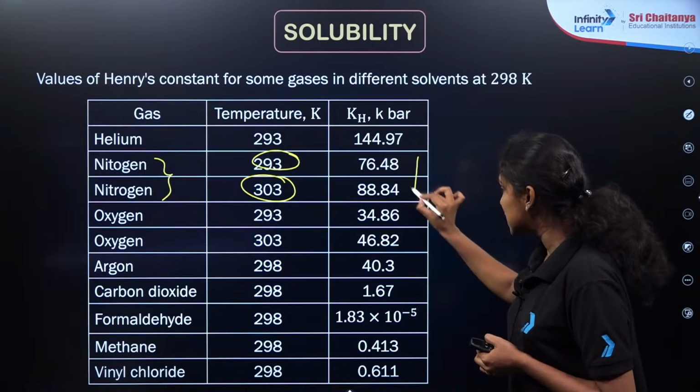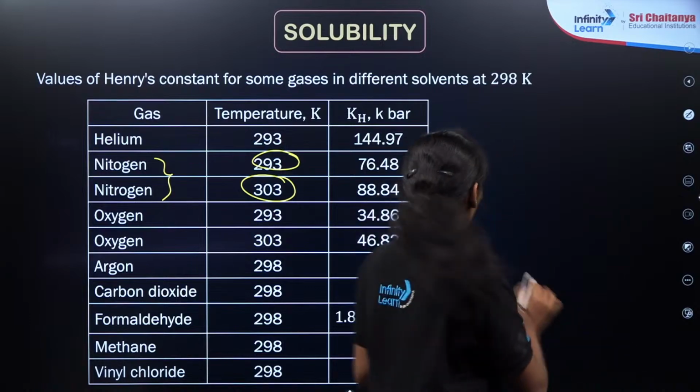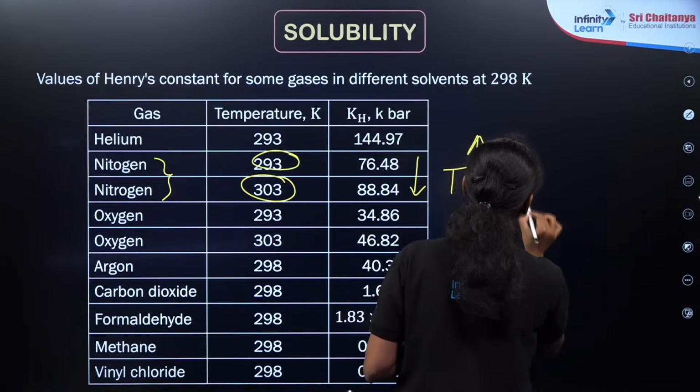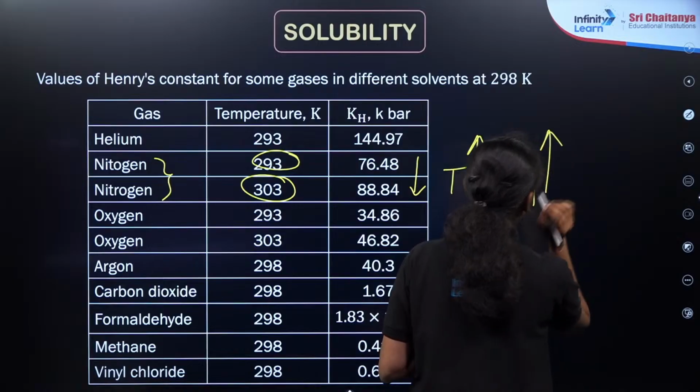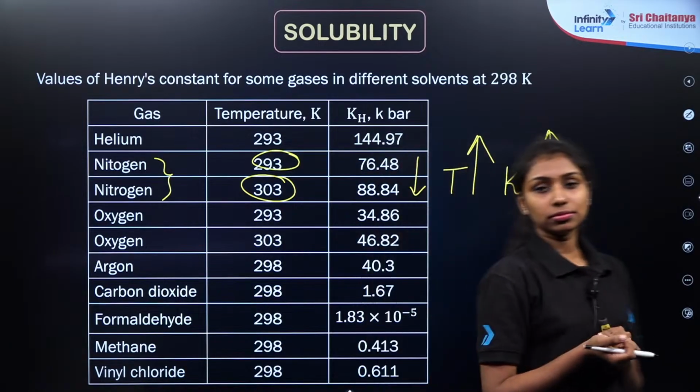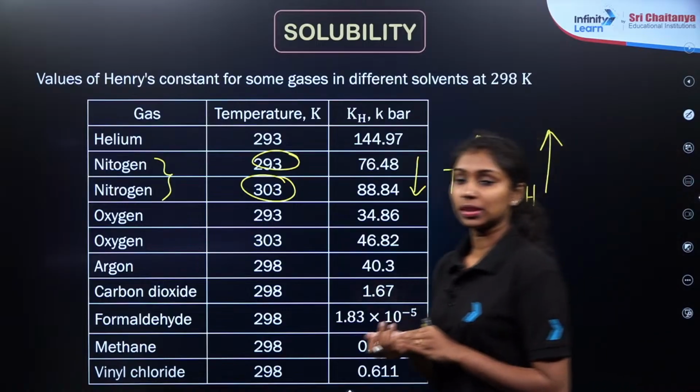From here to here it increases, right? So as the temperature increases, what will happen to the KH value? KH value also increases. Then according to Henry's law, what will happen to the solubility?